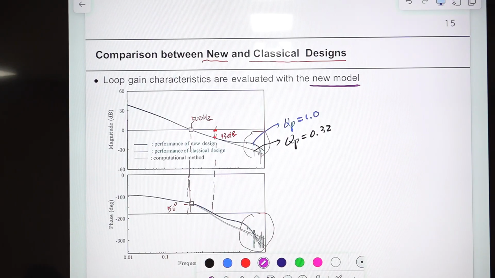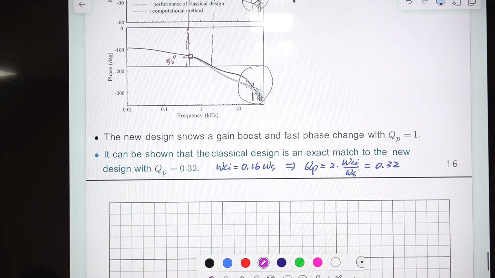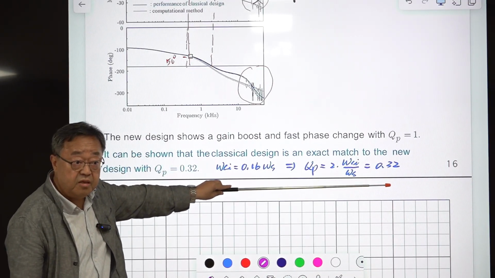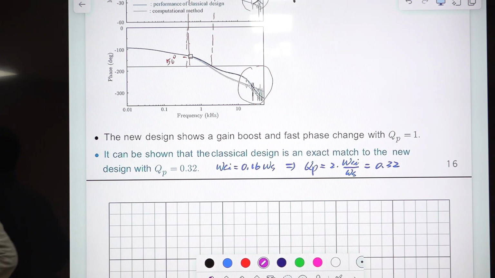All right. So this is the final conclusion. I told you this many times, right? So we reviewed the design examples with this new model, including the sampling effect, and we went through all the design steps.